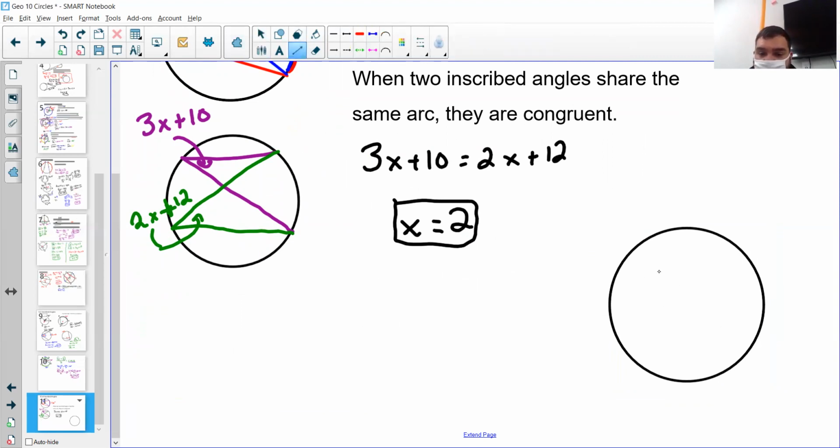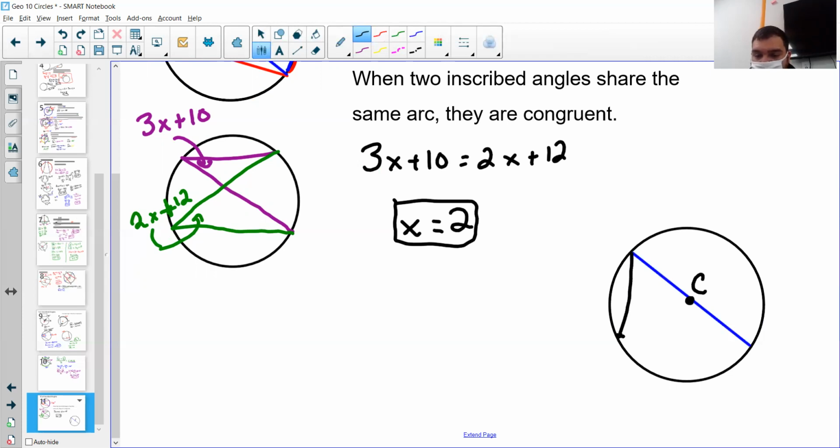Now this triangle, one of the sides is going to hit the middle or the center of the circle. So C for center, and I'm going to make a triangle like this.